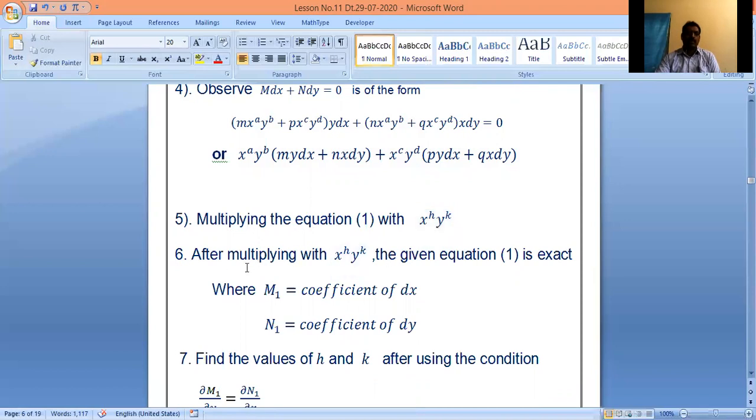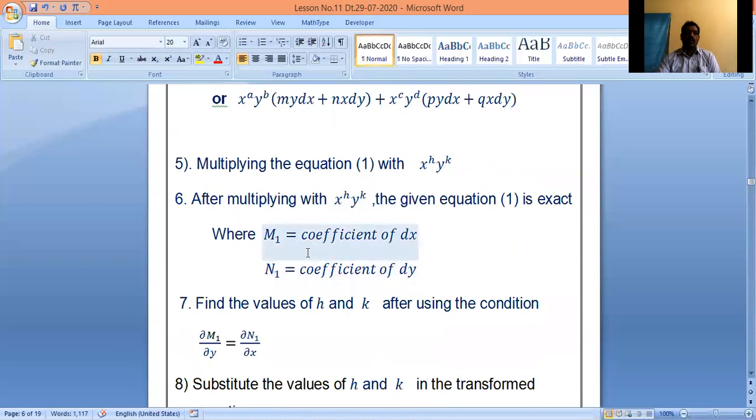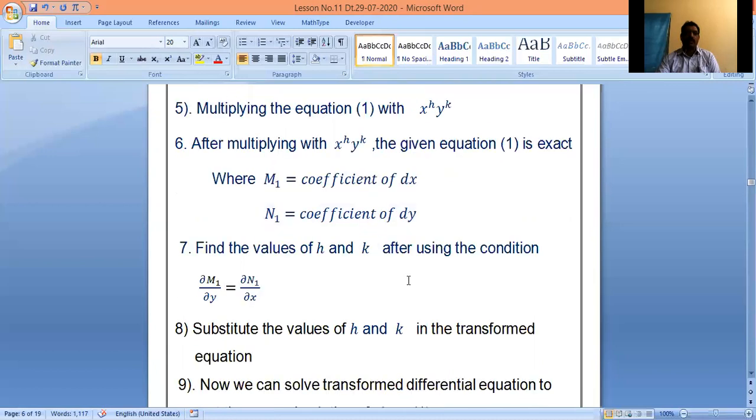Number 6, after multiplying with x to the power of h into y to the power of k, the given equation 1 is exact, where m1 is equal to the coefficient of dx and n1 is equal to the coefficient of dy. Number 7, find the values of h and k using the condition dou m1 by dou y is equal to dou n1 by dou x.